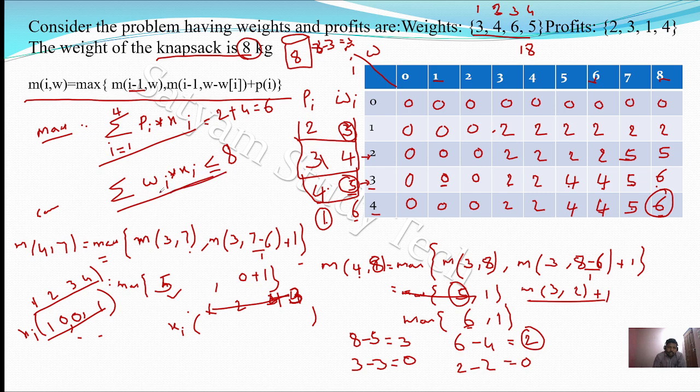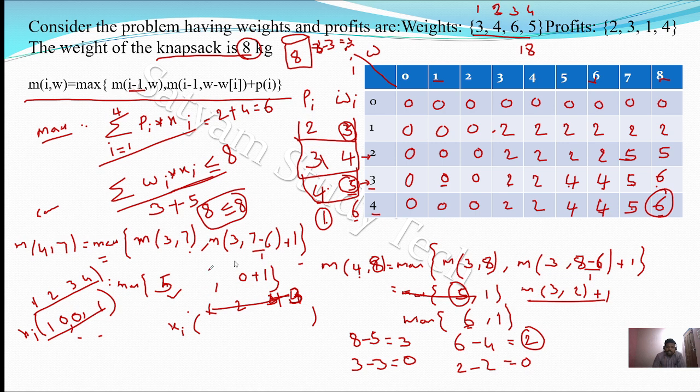Like that, for the weights, sum of wi into xi: 3 into 1, plus 5 into 1, that is 5, which gives 8, less than or equal to 8.